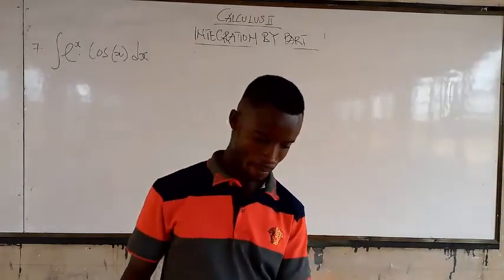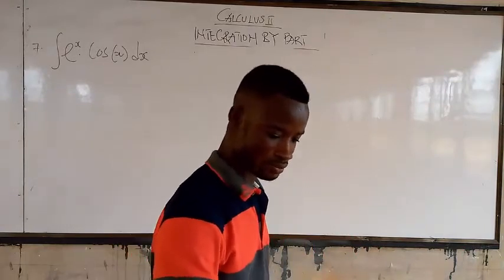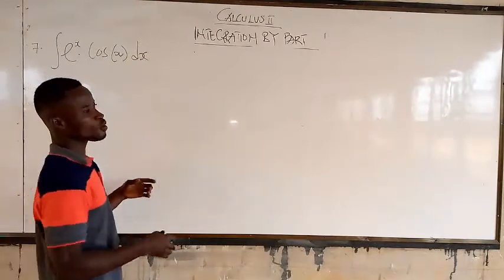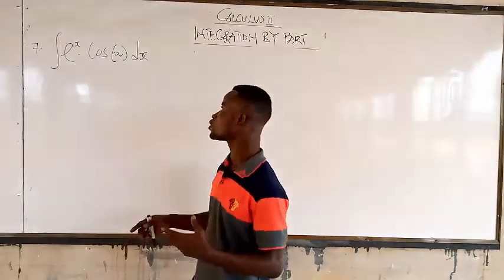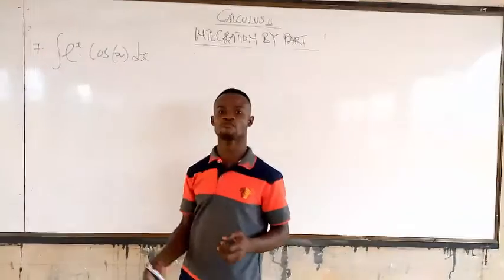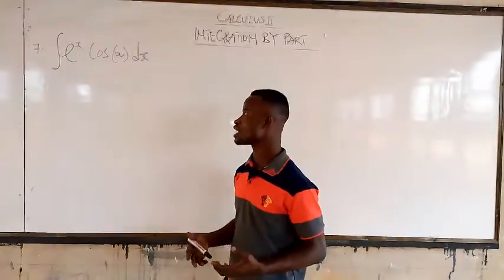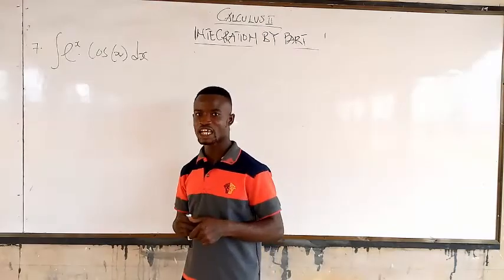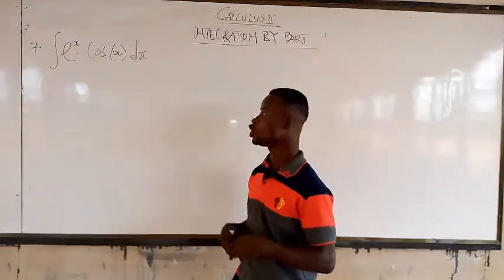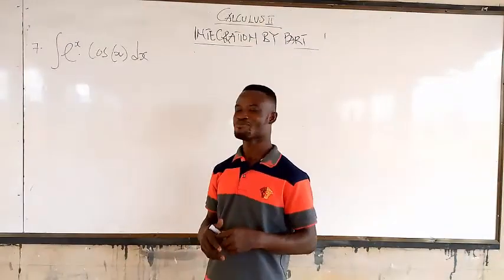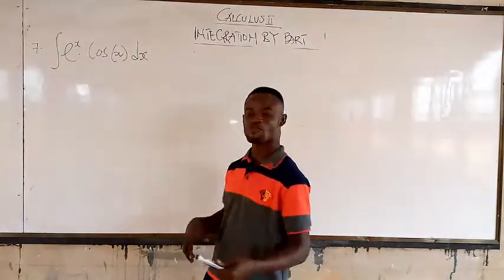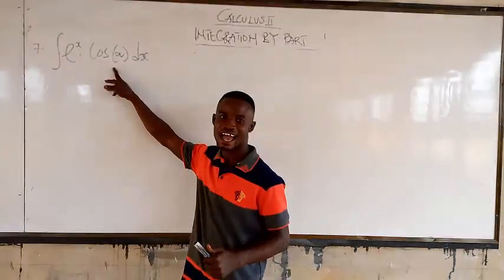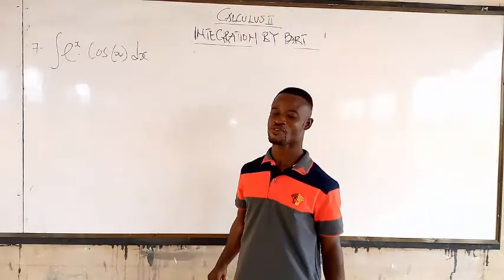Alright. Looking at this question, we have seen the case where a polynomial meets with an exponential function, and where a polynomial meets with a trigonometric function. And we are saying that you set your u to be equal to the polynomial. But what if the exponential function meets with the trigonometric function?